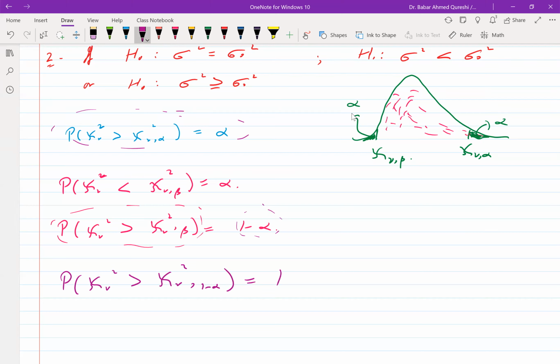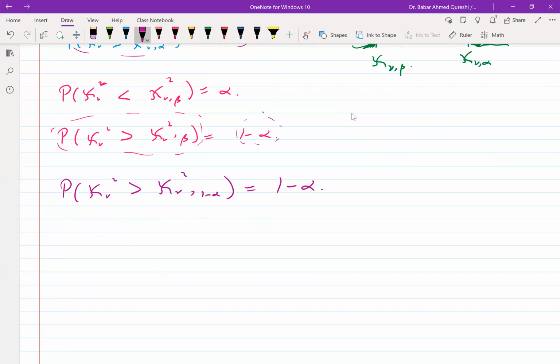So you can write it like this. And this same number can be found by this.